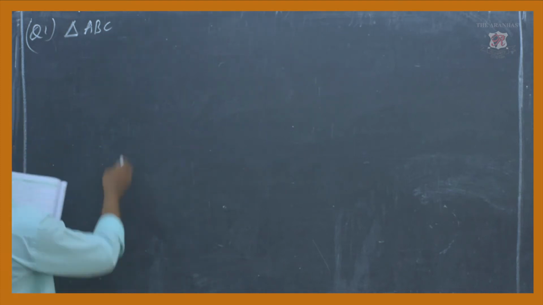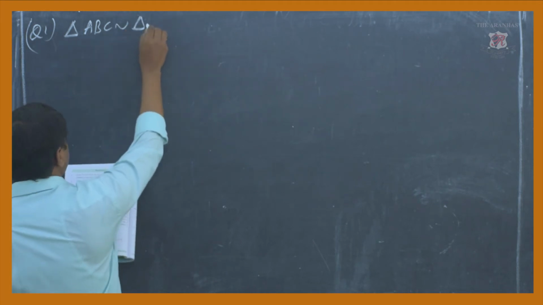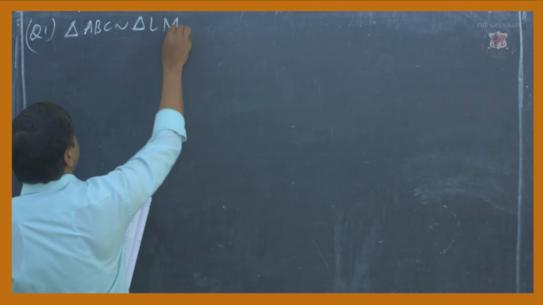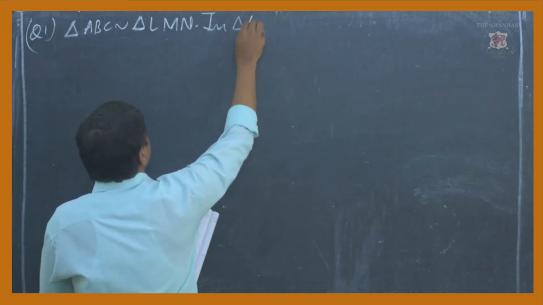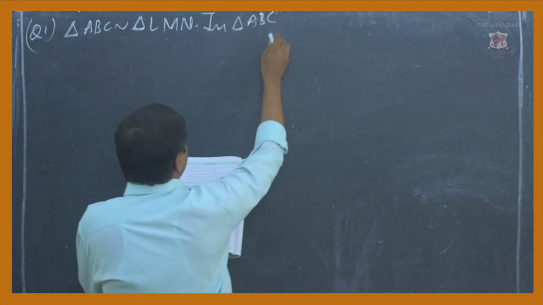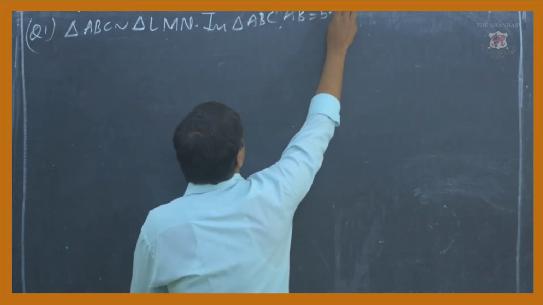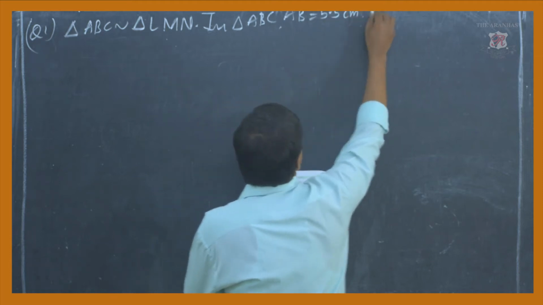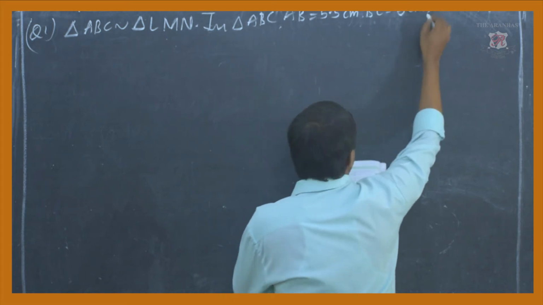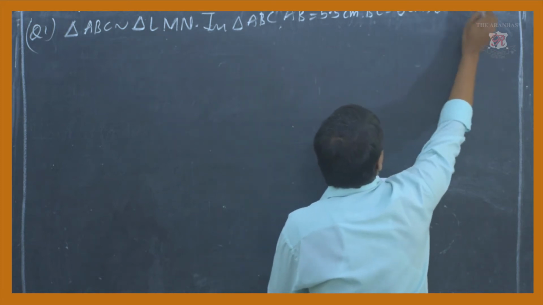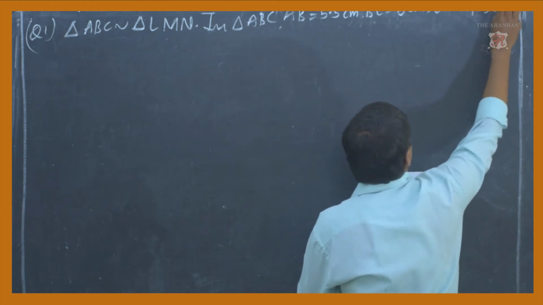So here the first example is given: triangle ABC which is similar to triangle LMN. These are the two triangles, and they said in triangle ABC, AB is 5.5 centimeter, BC is 6 centimeter, and CA, that is AC, is 4.5 centimeter.